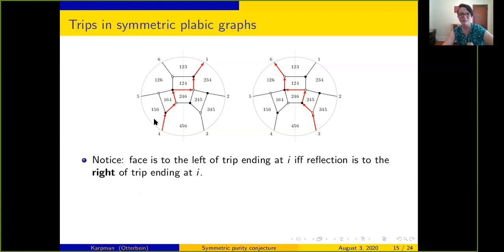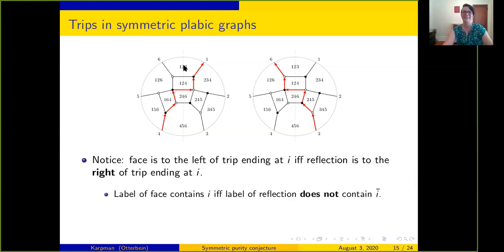And we can see from this picture that a face is to the left of a trip ending at 1 if and only if its reflection is to the right of the trip ending at 6. So a face label contains 1 if and only if its mirror image does not contain 6. So that's where that somewhat counterintuitive definition of reflecting a face label comes from.